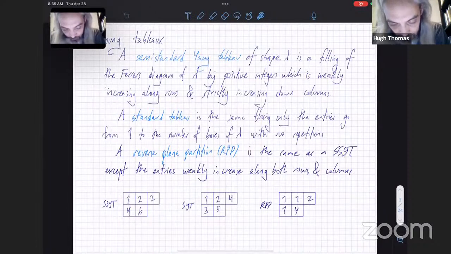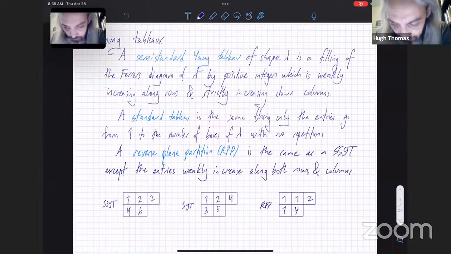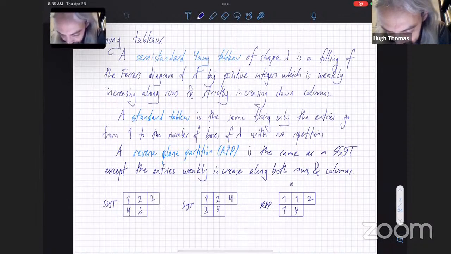So here's my example. It has to strictly increase down columns, weakly across rows. A standard tableau is the same, but the entries go from 1 to n. That means that automatically it's strict in both directions because there are no repetitions at all. A reverse plane partition is the same thing again, but the entries weakly increase along both rows and columns, and 0 is allowed. I should have said that.